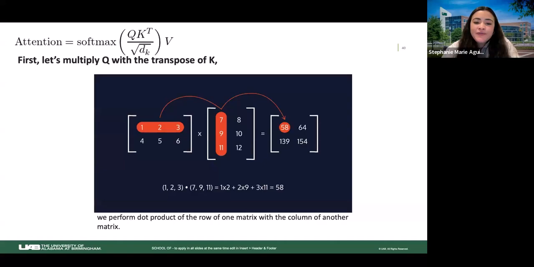And so again, if you just think about the dot product, you're just taking the row, multiplying by the column of the next one, and then you would get a final value. Or in this case, a more transformed portion of your embedding vector.